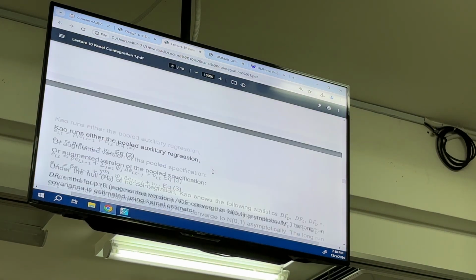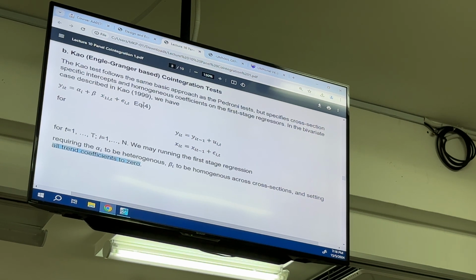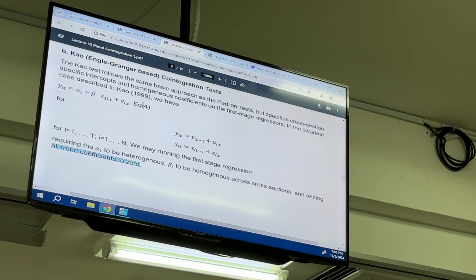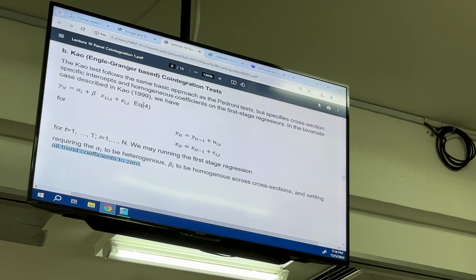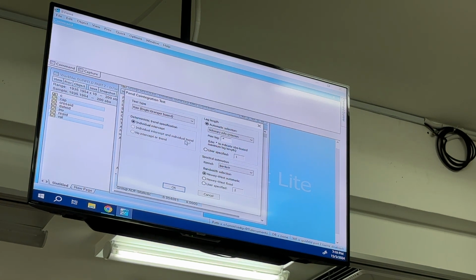That's why you will see a statement here: setting all the trend coefficients to 0. So this is different compared to the Pedroni. Pedroni allowed for 3 different test equations, right? Intercept and trend, intercept only, and no trend, no intercept. But this one just the individual intercept.